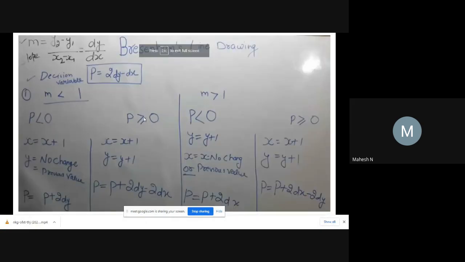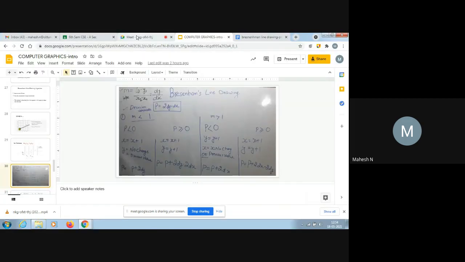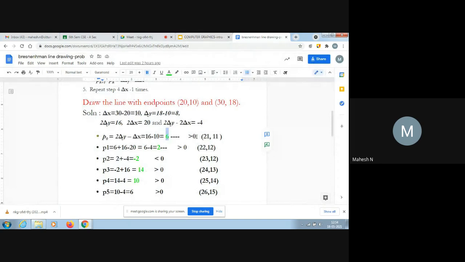If it is greater than 0, I will increment both x and y, and for the next vertex I will use this decision variable. So from 20,10 I have moved to 21,11.